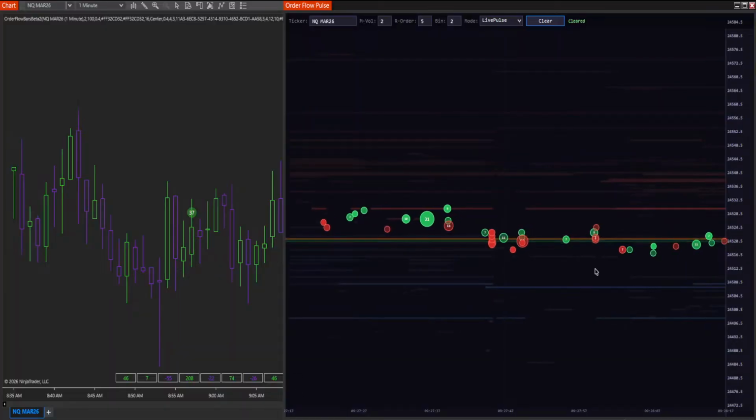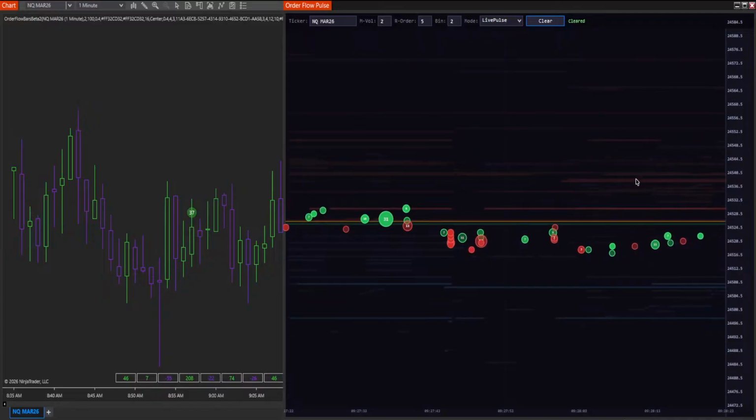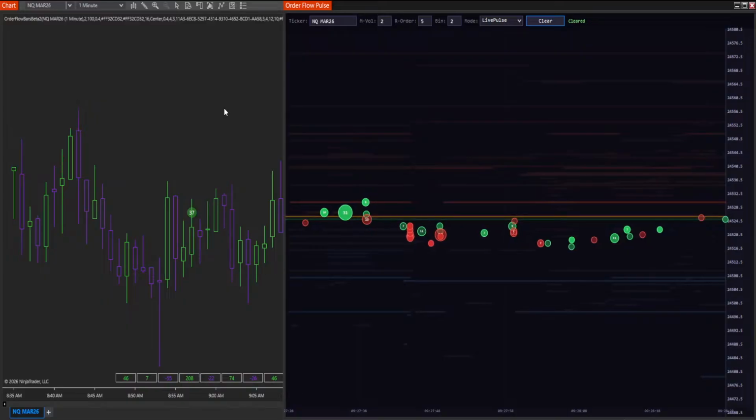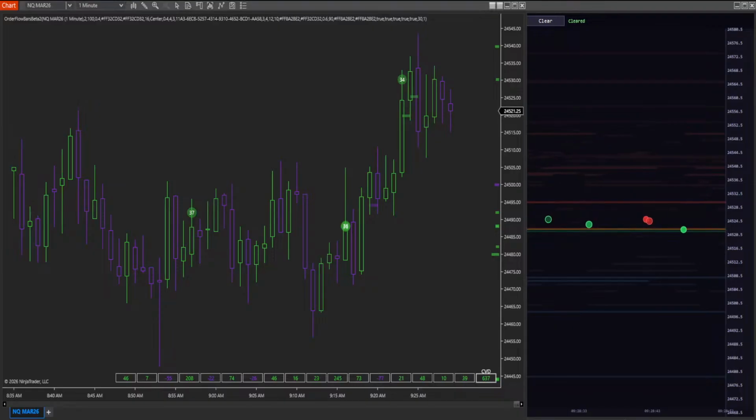My main goal is to get this out in a beta phase so people can just start using order flow pulse. Then I'm going to work on putting a data box up here with the ATR and the VWAP, so you can just look at it and see. But the ATR for the volume profile, I haven't even compiled it and put it into anything. That was just on my local.